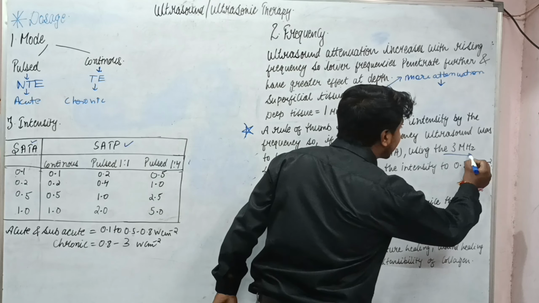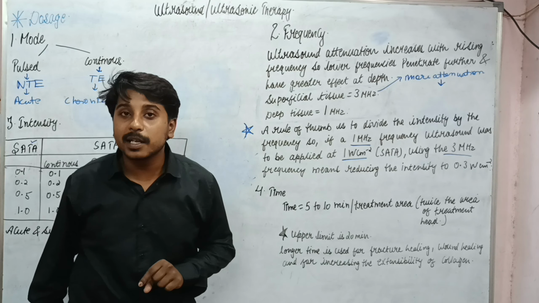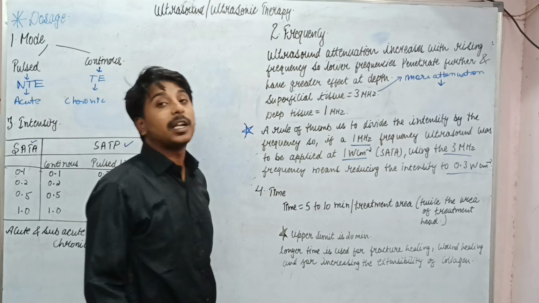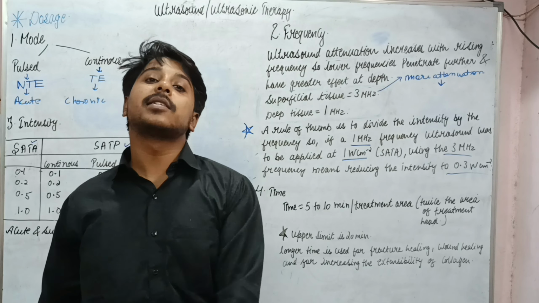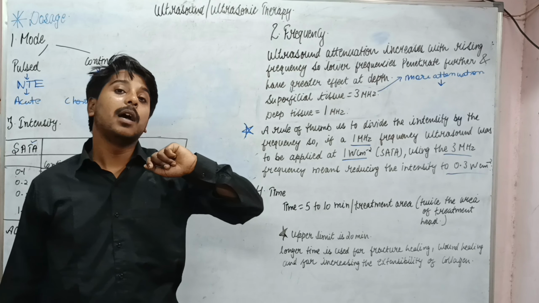At 3 megahertz, just divide it by 3. So 1 watt per centimeter square divided by 3 will be 0.3 watt per centimeter square. So that is why the lesser intensity is used in 3 megahertz ultrasound.